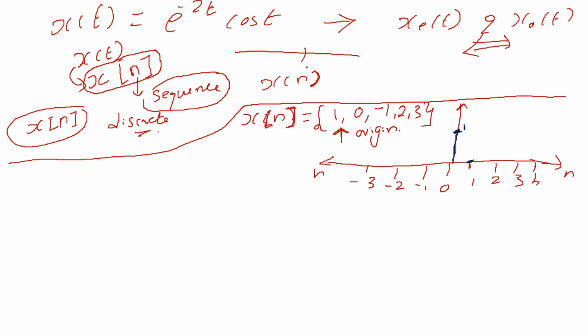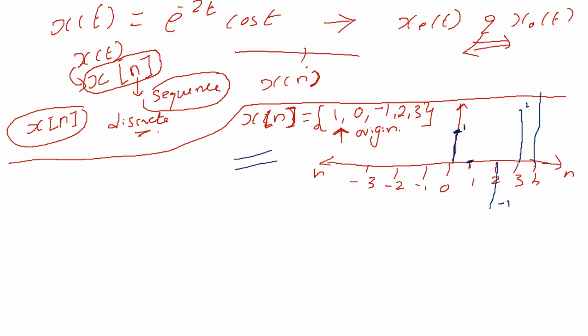The value at 2 is -1. At 3, the value is 2. At 4, the value is 3. Something like this. Okay, draw it cleanly in your notebook. I'm on the pen tablet, I'm struggling a bit to draw. So in your notebook, I want a clear depiction.